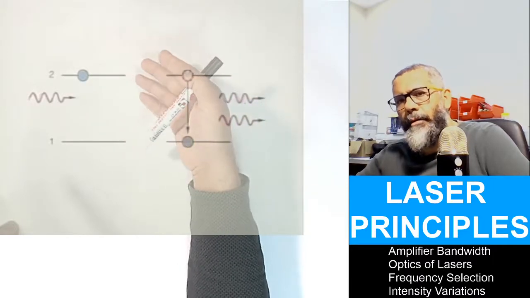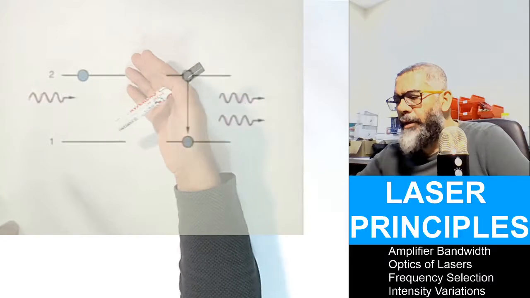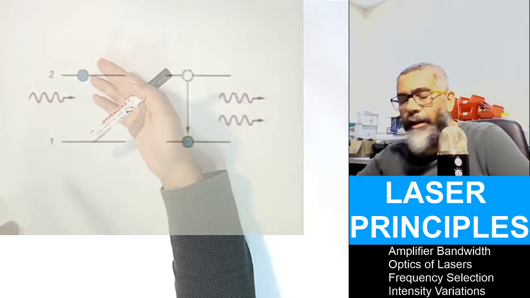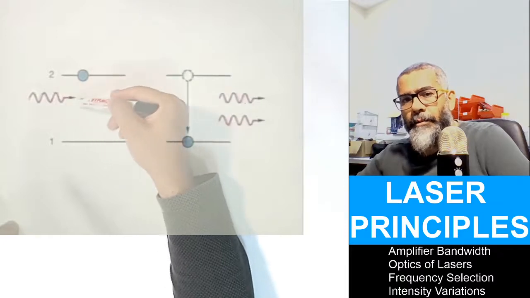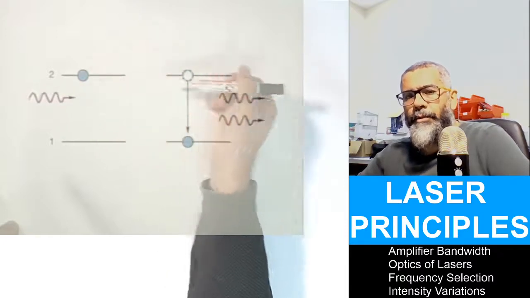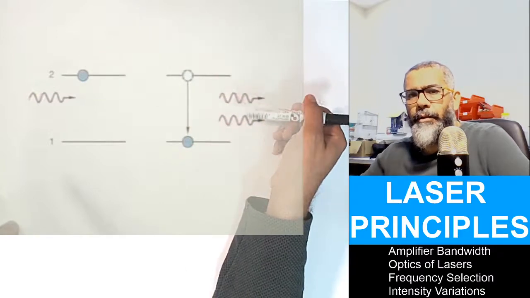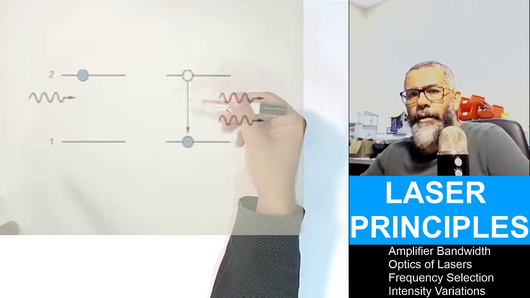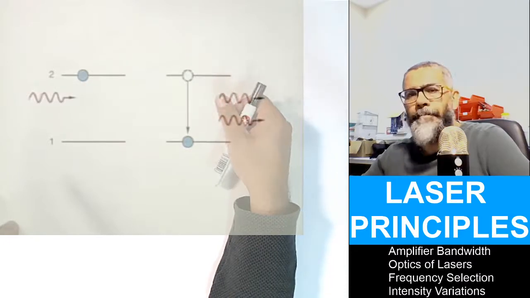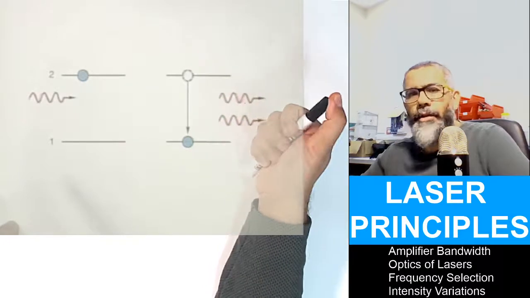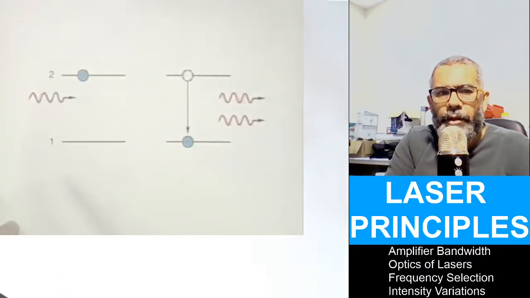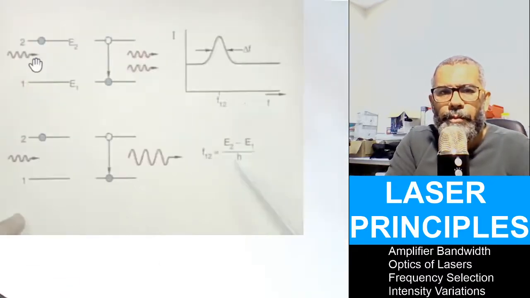But if you somehow give them energy so that their electrons are at the higher energy level, then when they see these incoming photons, these photons will increase their number in response. So this is an optical amplifier, and it increases the number of photons in this way.